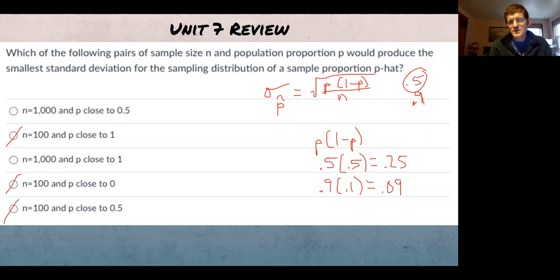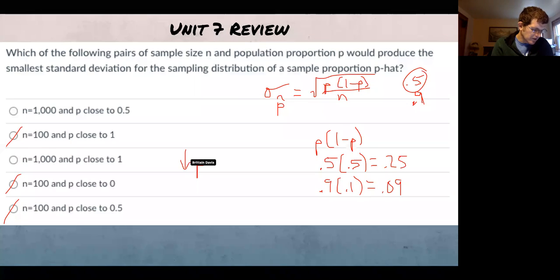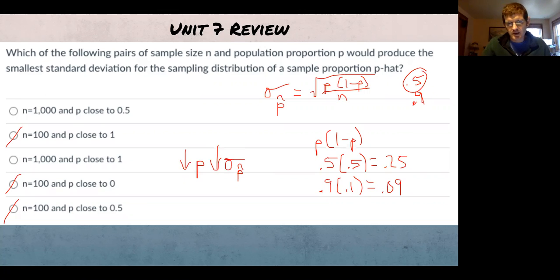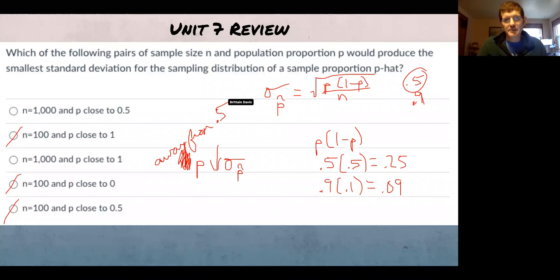And because I want a small standard deviation, as my population proportion moves away from 0.5, the standard deviation of p hat is going to go down. I can't talk correctly, and I apologize.